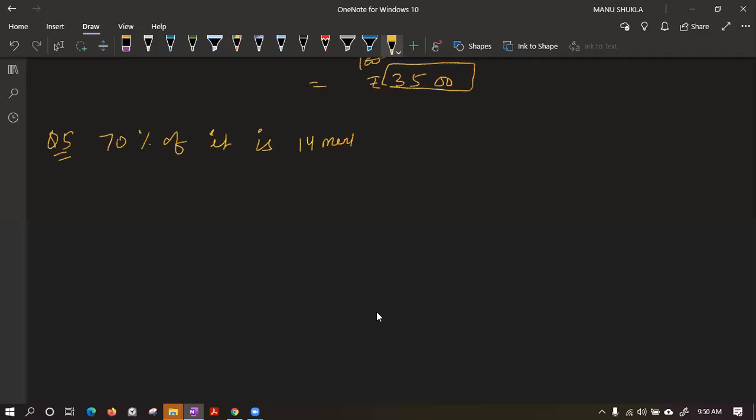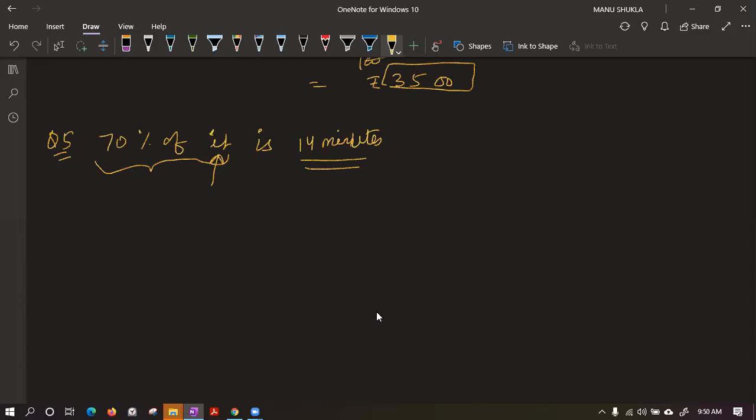This time, this 14 is not the total thing. This time, okay, Bani, very good. This time, some value is there. We don't know that. 70% of that value is 14. Class, try to understand. 70% of something is 14 minutes.